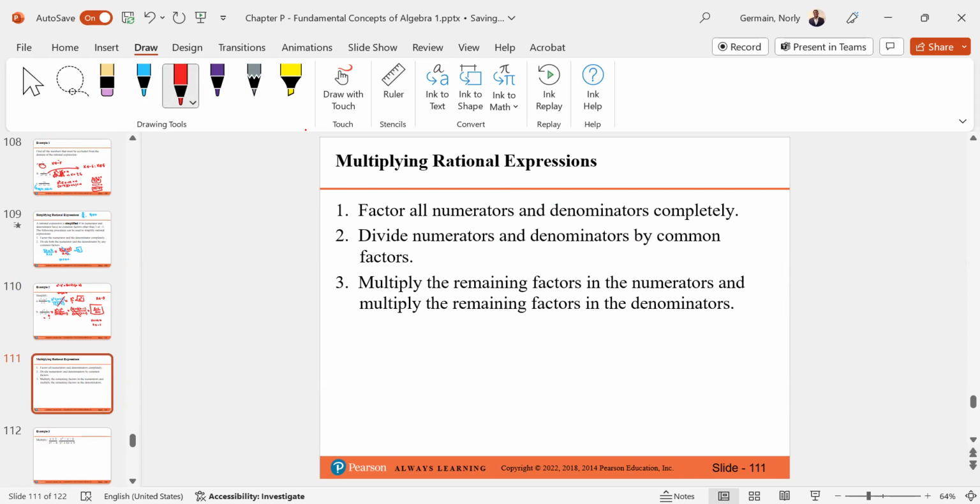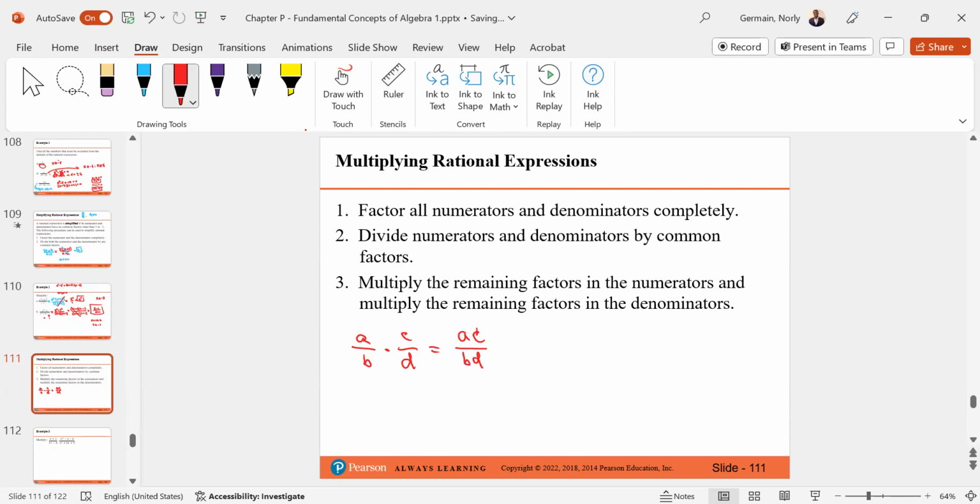The product of two rational expressions is the product of the numerators divided by the product of their denominators. Remember, when you have a fraction times another fraction, we multiply the top ones together and the bottom ones together. It's the same thing we're going to do with rational expressions.